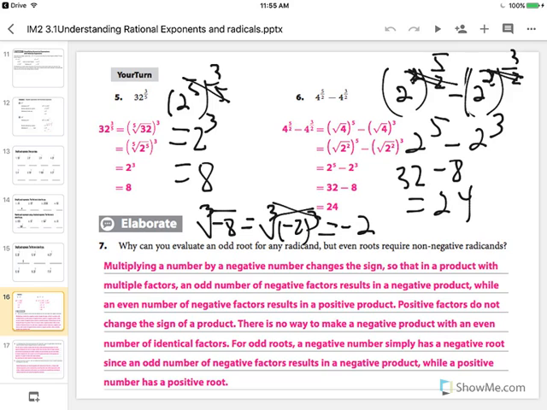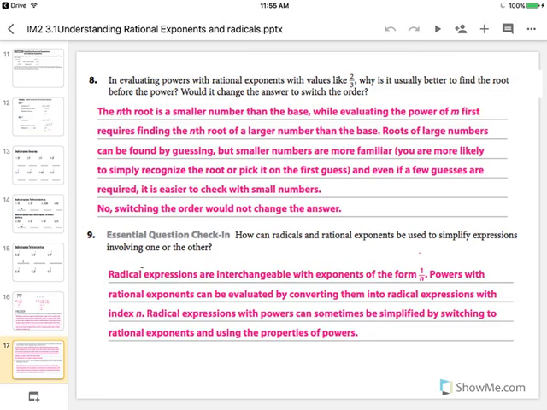Then if we have an even root, for example the square root of -4, this will be a non-real solution, or undefined. Okay, so that's the end of our notes for module 3.1.